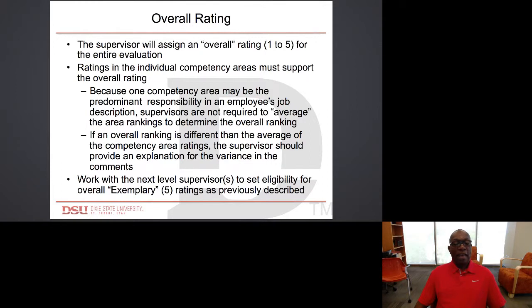Also, if an overall ranking is different than the average of the competency area ratings, the supervisor should provide an explanation for the variance in the comments. Work with the next-level supervisors to set eligibility for overall exemplary 5 ratings as previously described.